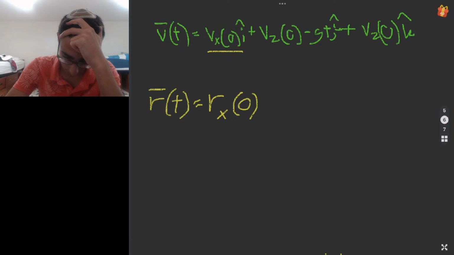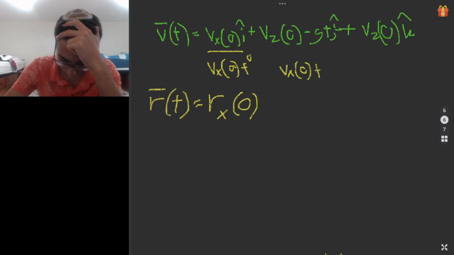That's the same thing as saying v sub x at time 0 times t to the power of 0. We add 1 to the power to get the new power, so v sub x at time 0 times t to the power of 1.